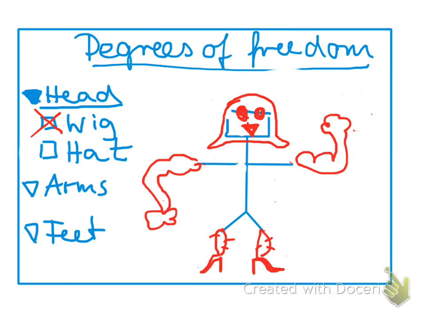And now in that case, the wig and the hat would be specific values that your degree of freedom can take. So you have the degree of freedom hat, and you choose wig as a value. This guy's in the state: for the degree of freedom of head, you have Darth Vader. For the degree of freedom of arms, you have Popeye arms. And for the degree of freedom of feet, you have your femme fatale high heels.